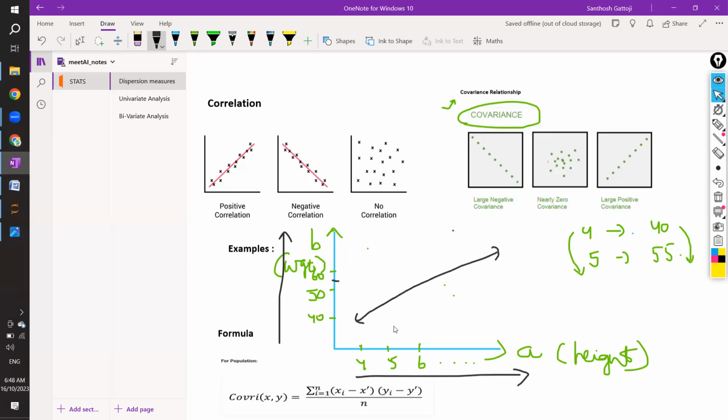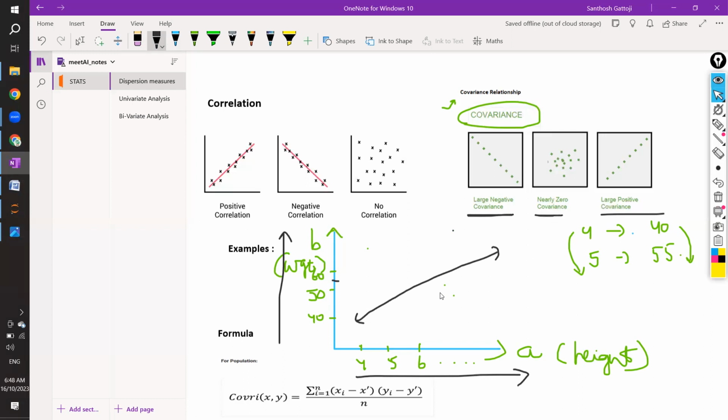Now, to give you the terms, there are three types of covariance, guys. One is positive covariance, one is negative covariance, and the third is zero covariance.